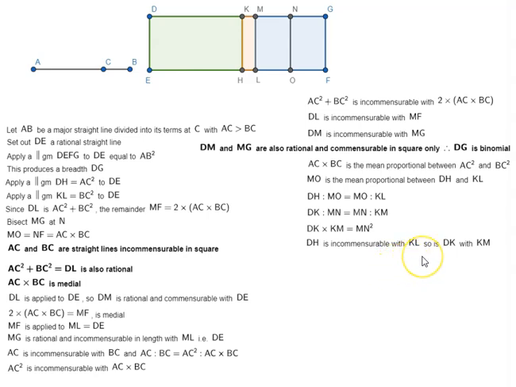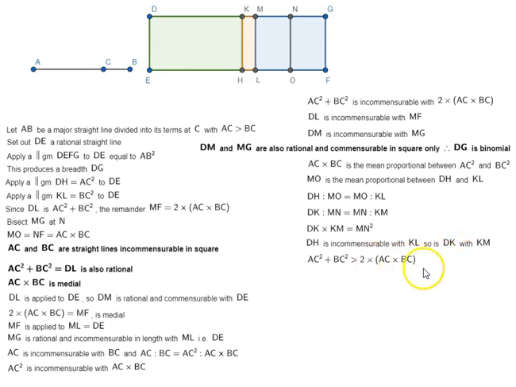Product of the extremes is equal to the product of the means. DH is incommensurable with KL, so is DK and KM. Since the areas are incommensurable, the uncommon sides which are not common to these two areas will also be incommensurable. AC square plus BC square is going to be greater than 2 times AC by BC.